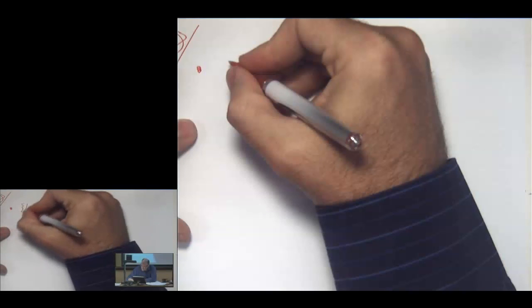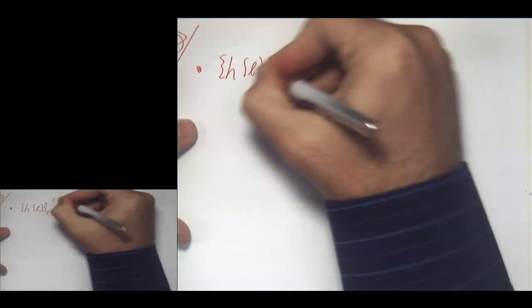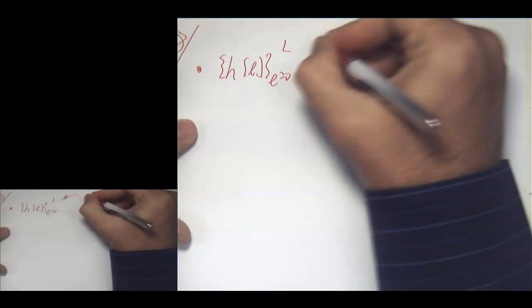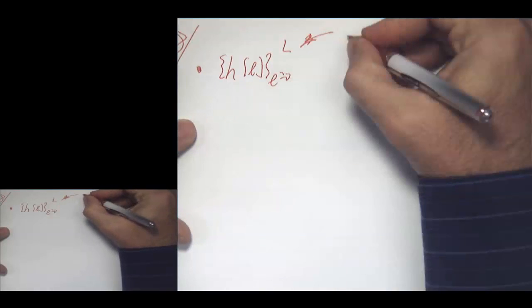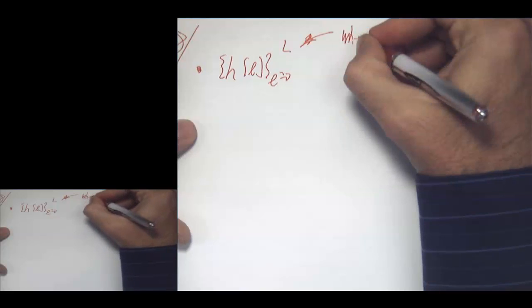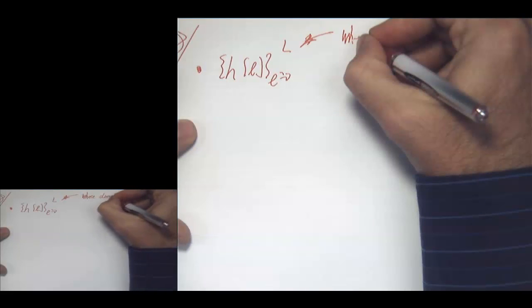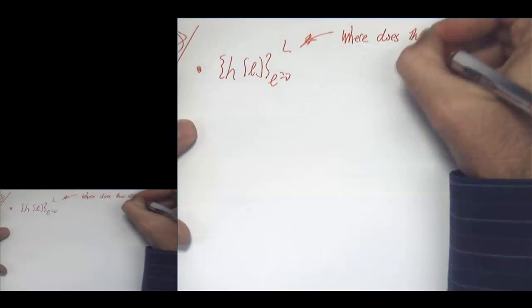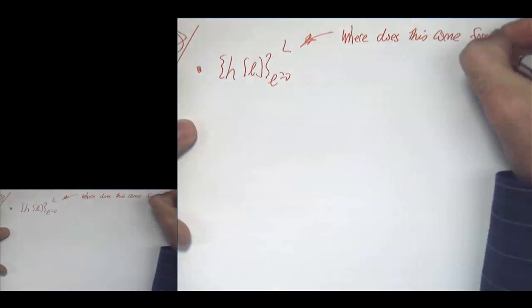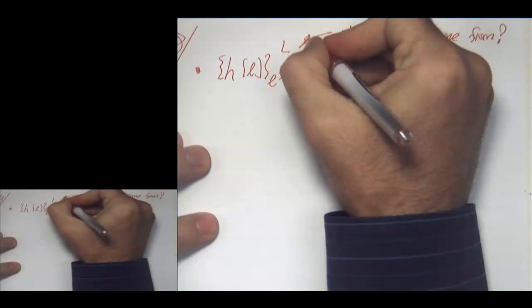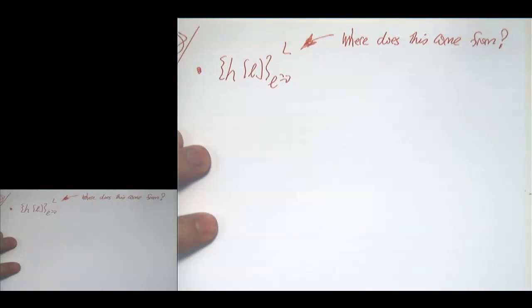If our unknown channel coefficients are these here, where do we get this L? Well, that's very important. Is L equal to 2 or is it 200?